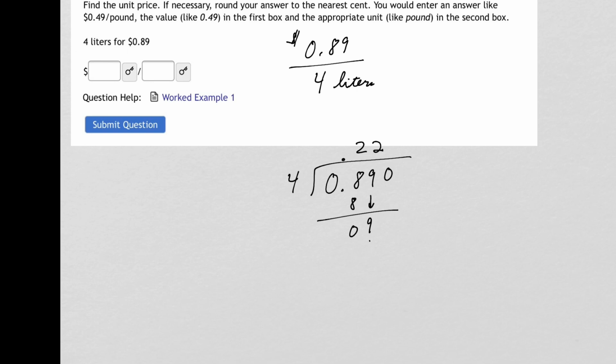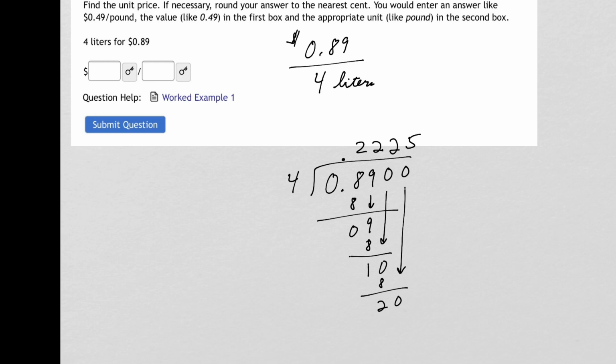So this is going to be 8, right? Then I subtract 1 and bring down the next digit, which is 0. 4 goes into 10 twice. Let me go just one more. So this is going to be 8. And subtract 2, bring down the next digit, which is this 0. 4 goes into 20 5 times.